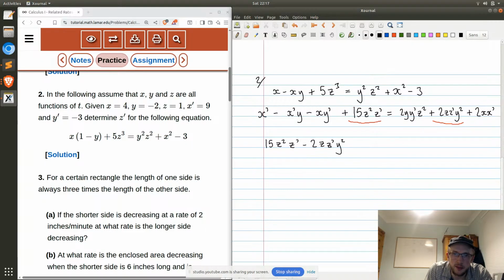And what we can do now is factor out that z prime straight away. Wait, is this like a... Oh no, it stretches it and all that stuff. Minus 2zy squared, alright.